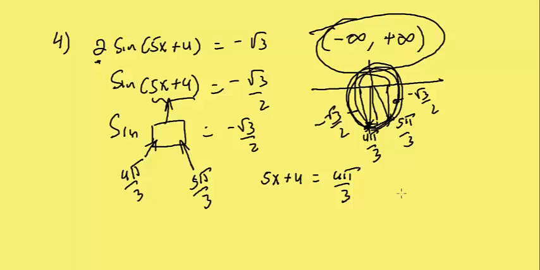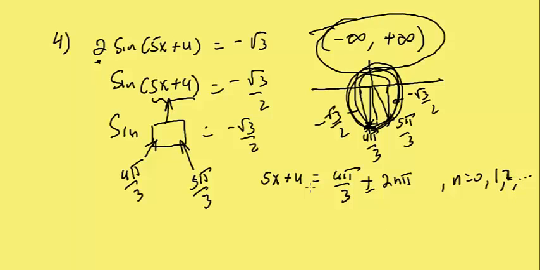So I have to go plus or minus 2n pi, and you have to write that. n could be 0, 1, 2, and so on.